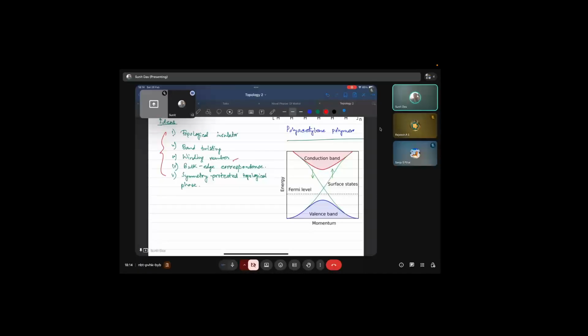In fact, this is one of the simplest examples that you can almost work out by hand and get a feel for what is going on. Okay, so with this, if we have no question, then we'll start with a simple insulator and slowly build the story towards the topological insulator.